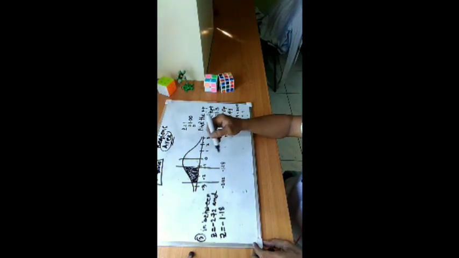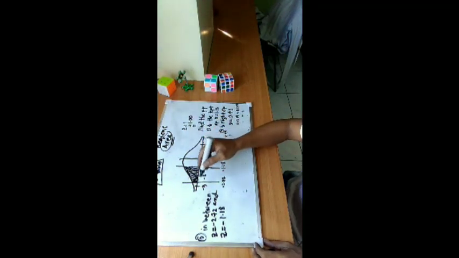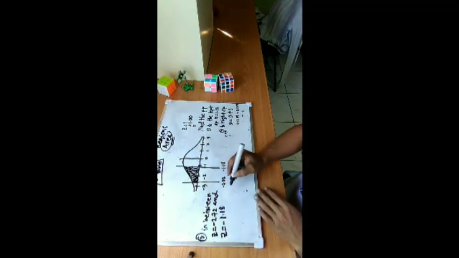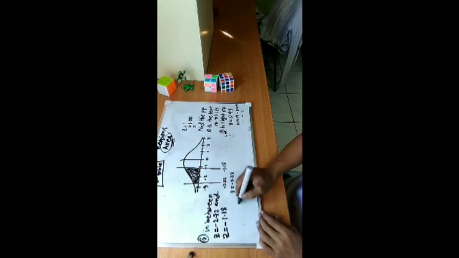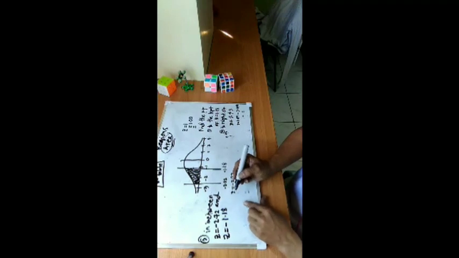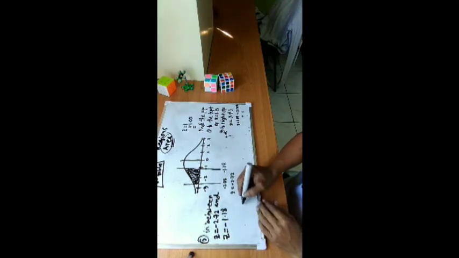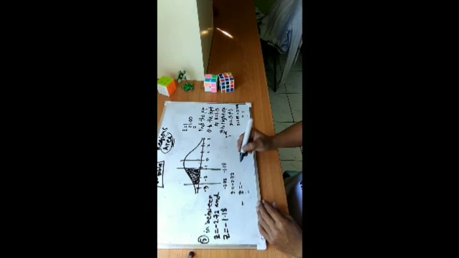So what we will do here is we will find the area of negative 2.72 and we will subtract it by the area of negative 1.18.